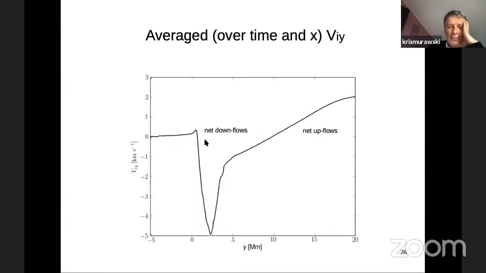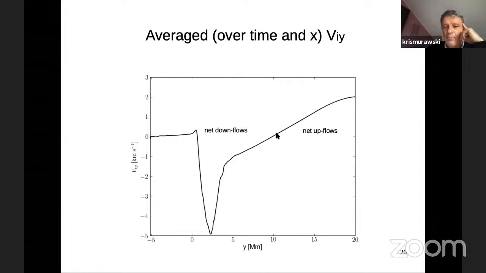Okay, so we see that below the transition region, which is over here, we have downflowing plasma with velocities of the order of 5 kilometers per second. And at this height, we have outflowing plasma, so net upflows.